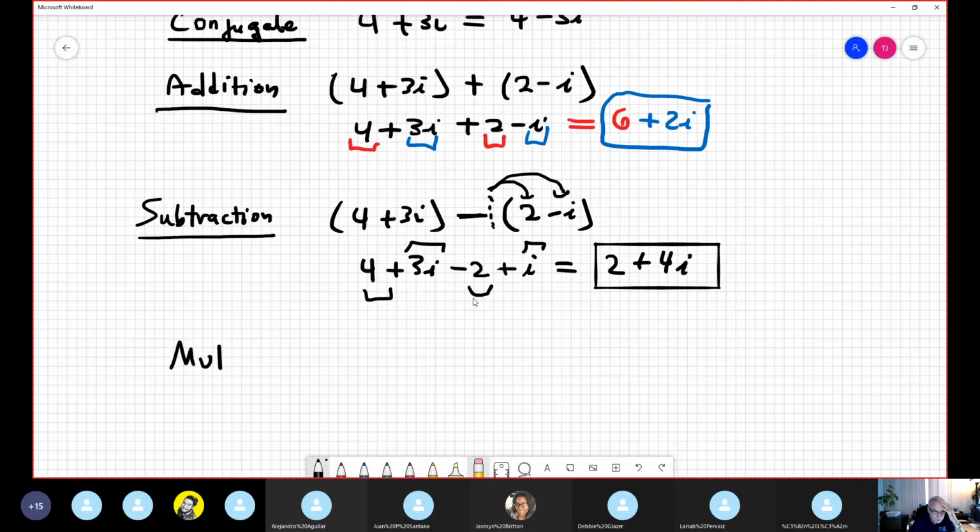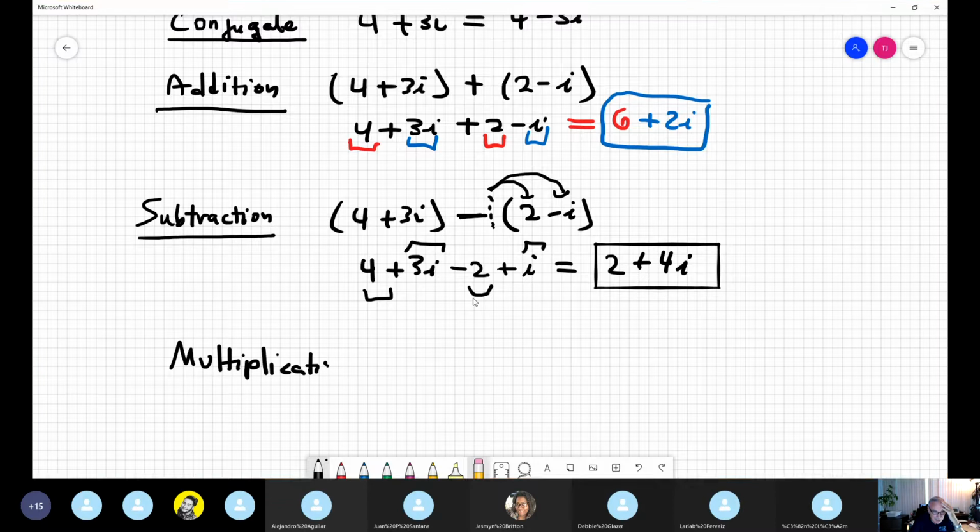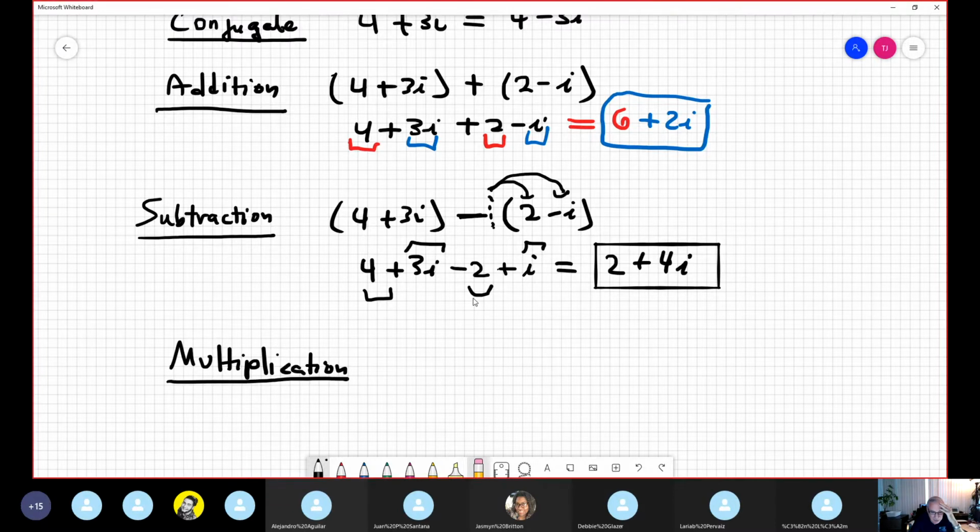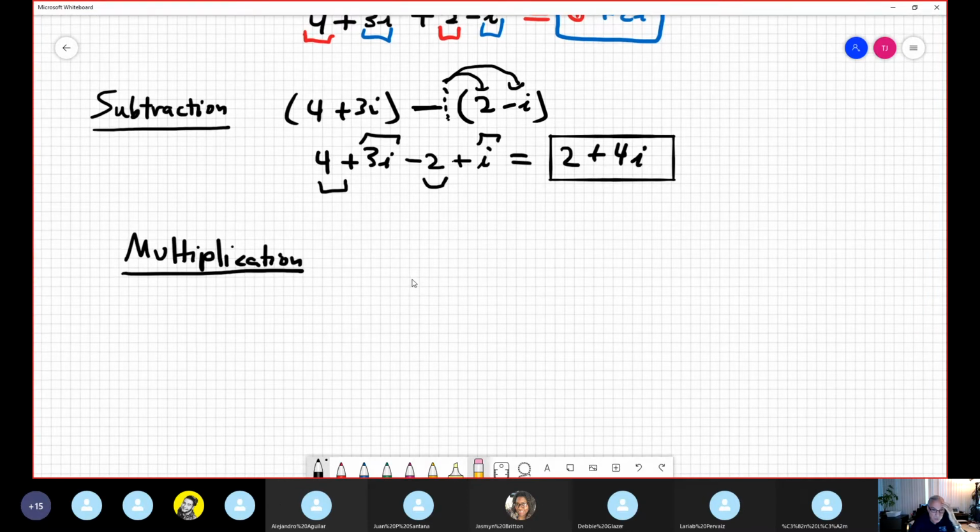Multiplication. Multiplication is a little bit more complicated because you multiply, for example, 4 plus 3i again times, we're using the same numbers in the example, 2 minus i. So what is the interpretation? The interpretation is that a complex number looks like, actually, a binomial.